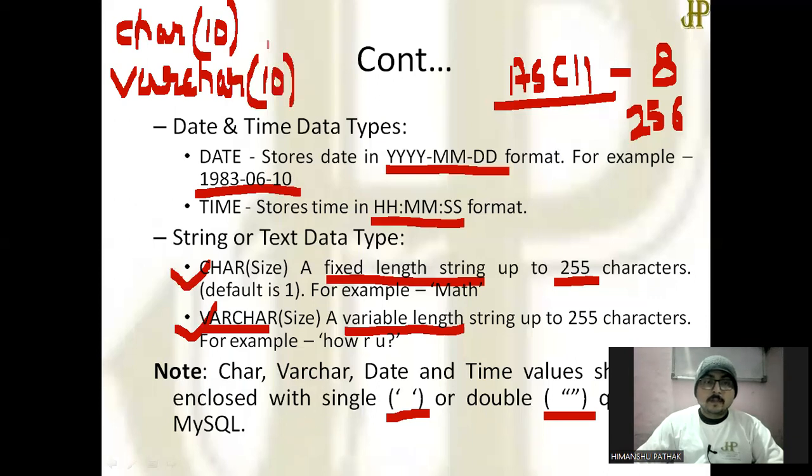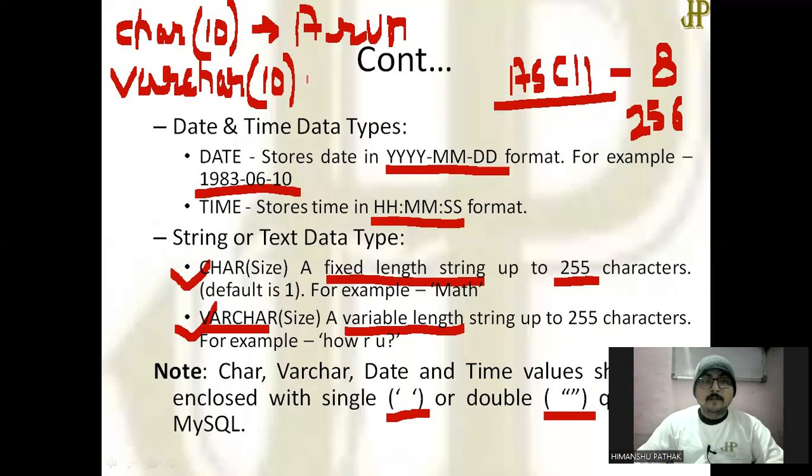So if one person adds a name, for example, Arun, it has 4 characters, but as you know char is a fixed length string, so it will allocate memory for 10 characters, but here only 4 characters are there, and the space for 6 characters is wasted.